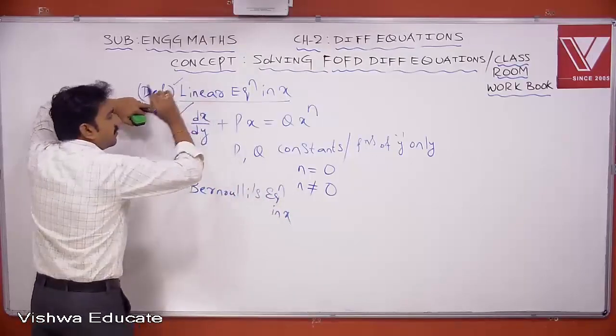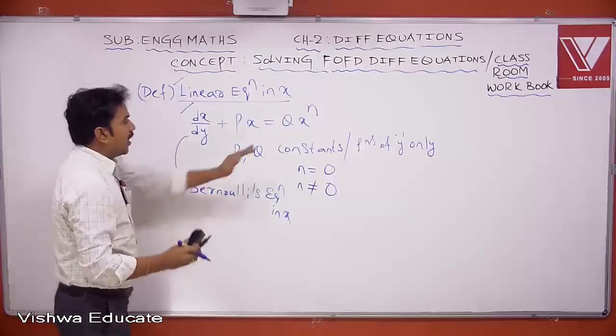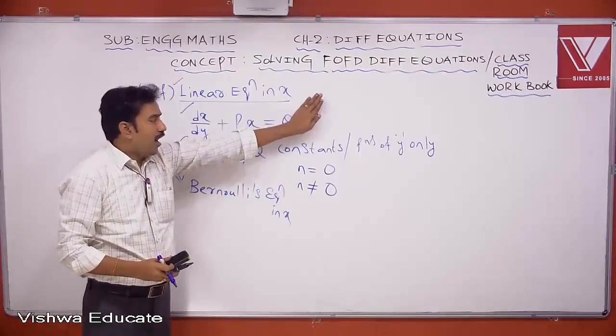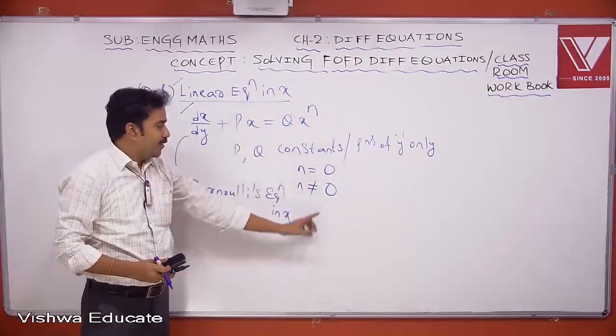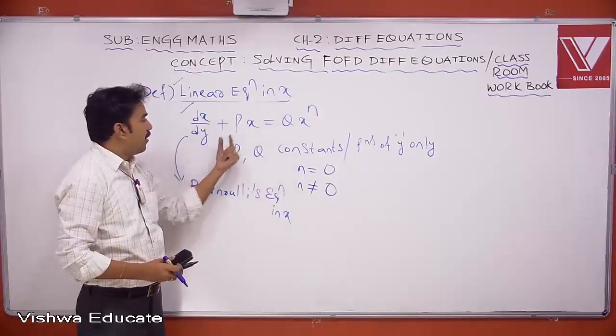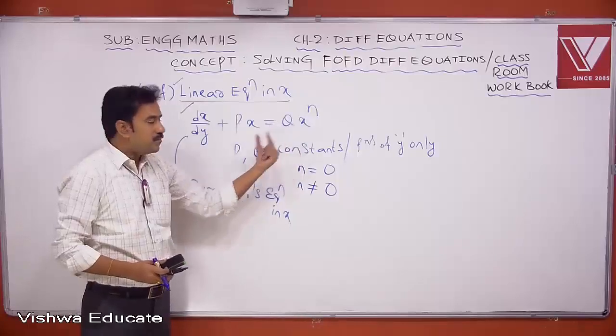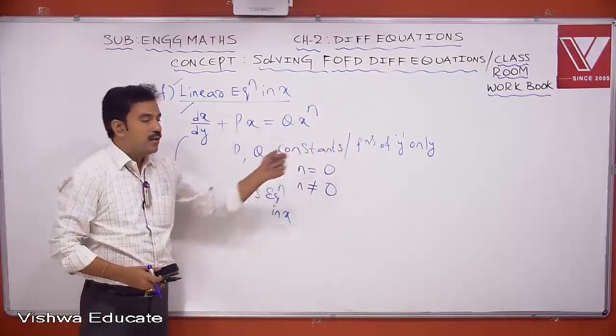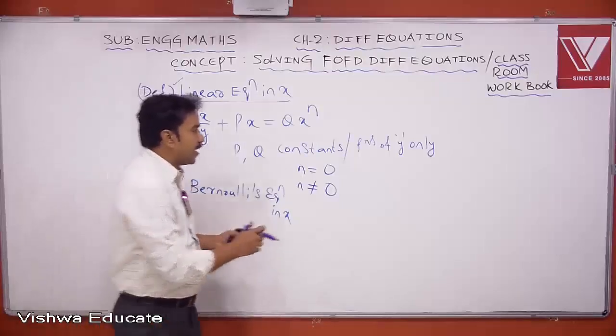Already we have seen this linear equation in X. If I don't have this x power n, see here n is a constant, so I don't have this means n is 0. So when n is 0, this is called linear equation in X: dx by dy plus px equal to q. Now here p comma q are either constants or functions of y, because here y is an independent variable.